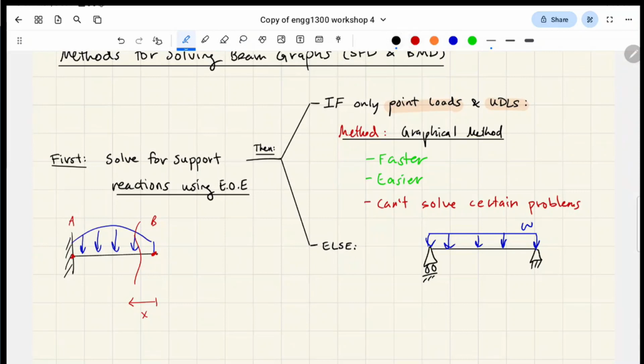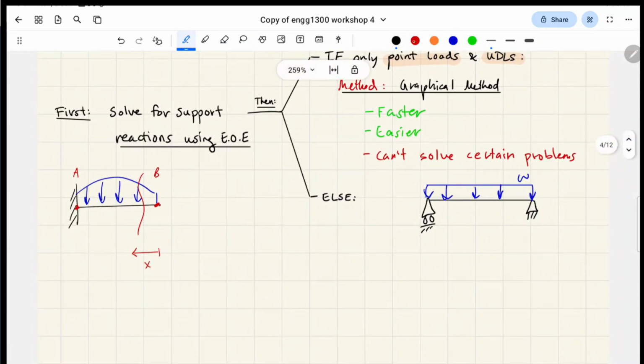With the graphical method, I actually don't even need to take the cut here. What I can do is solve for the support reactions. Let's say this one's 3 kilonewtons per meter on this uniformly distributed load, and here let's say this is 5 meters.